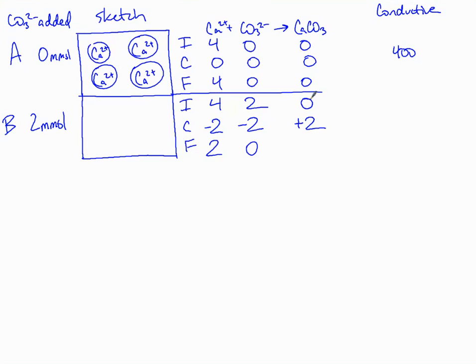Calcium carbonate, 0 plus 2, that's 2. So then it says estimate the conductivity. Remember, it was somewhat dependent on the concentration of ions. So it was 400, now the concentration is half. So we'll say the conductivity is also half of the original. Now it's 200.